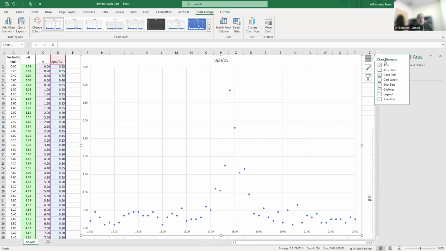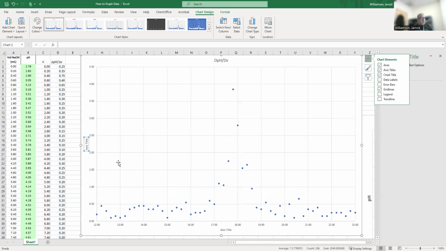Insert, axis title. Delta pH over delta V. I think I have my caps lock button on. Delta pH.